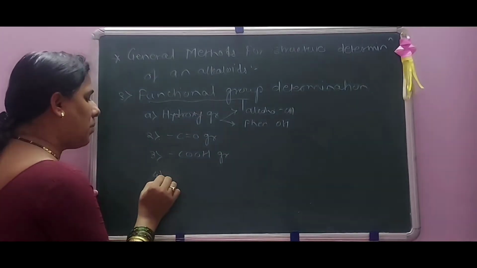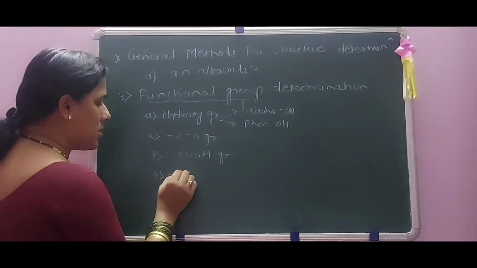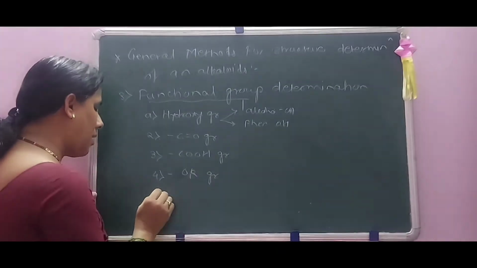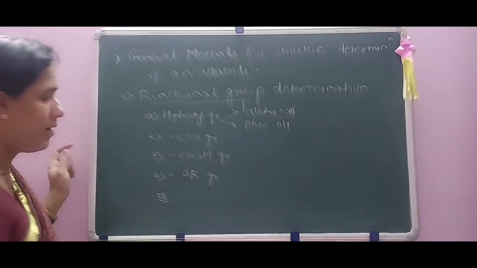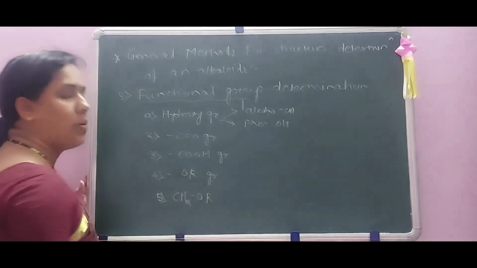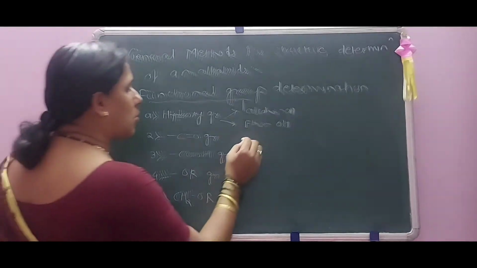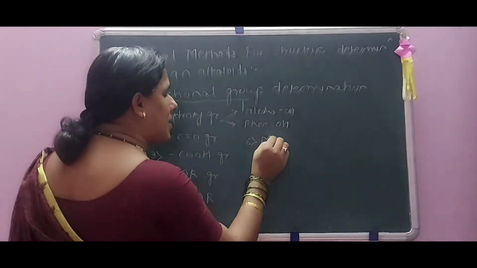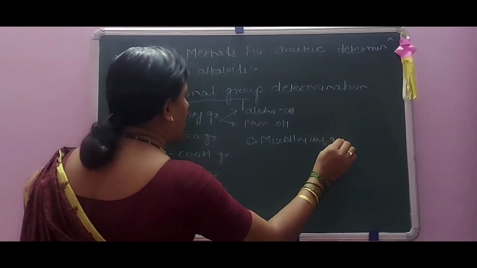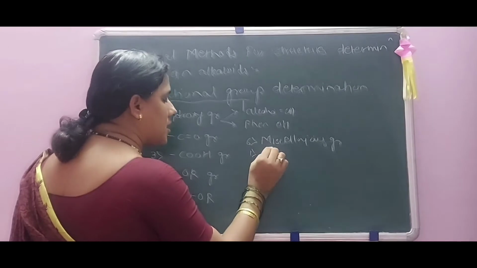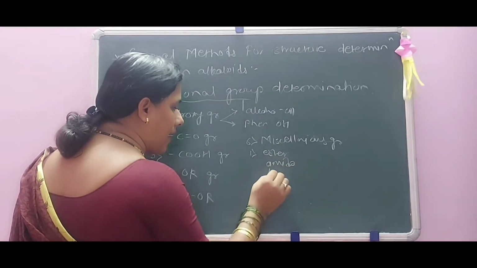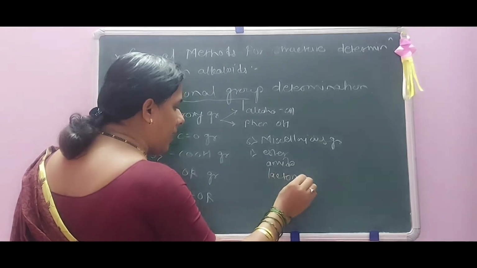Fourth, the alkoxy group, OR. Fifth, the methoxy group, CH2OR. Sixth, the miscellaneous groups, that is the remaining groups: ester, amide, lactone and lactam.